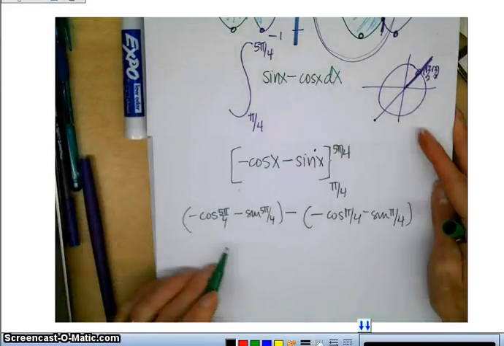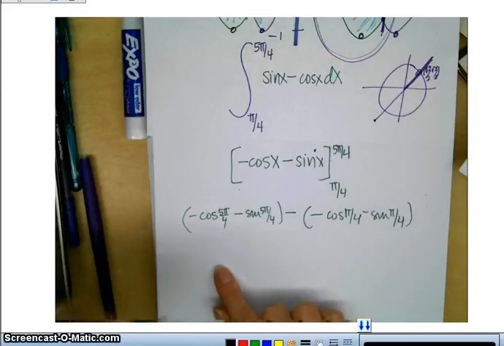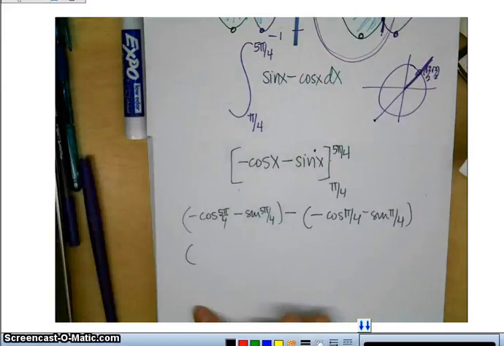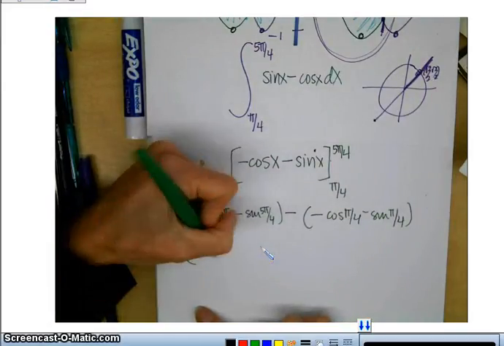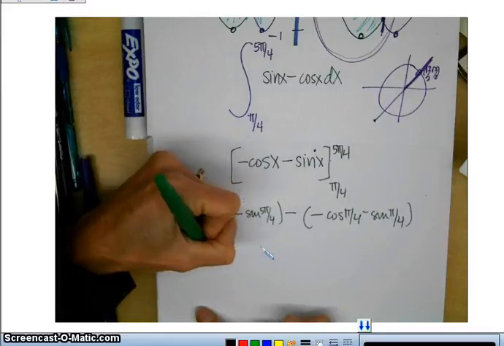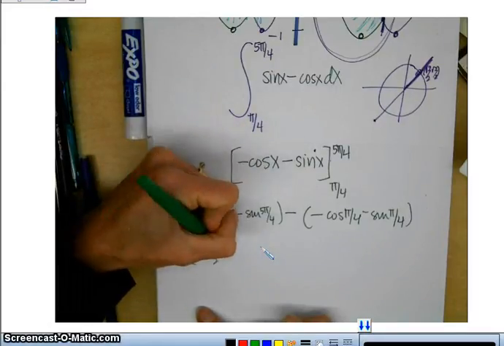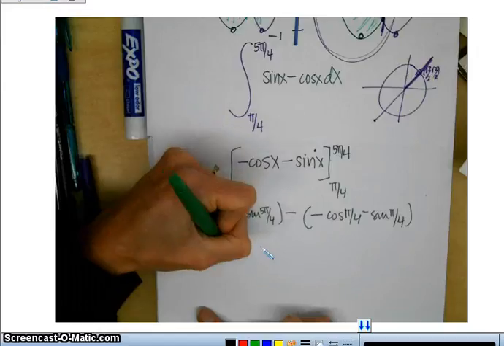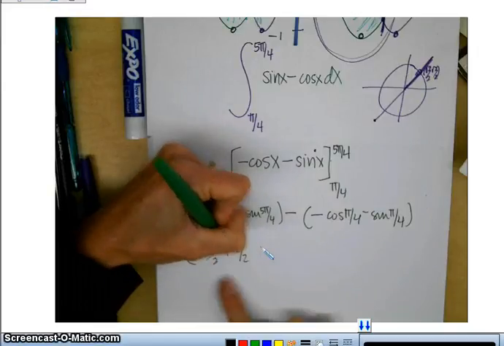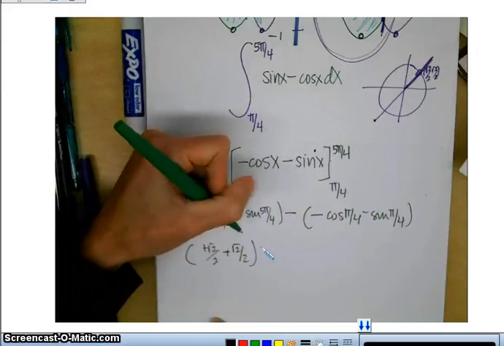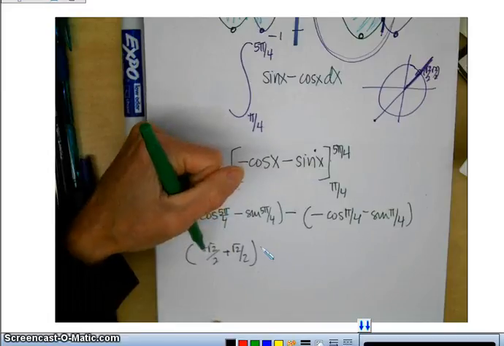We should already know what's the cosine of 5 pi over 4. It's negative radical 2 over 2, which makes that negative and that negative make it positive. The sine of 5 pi over 4 is another negative radical 2 over 2. So that makes it plus. So how many radical 2 over 2's do I have? 2.